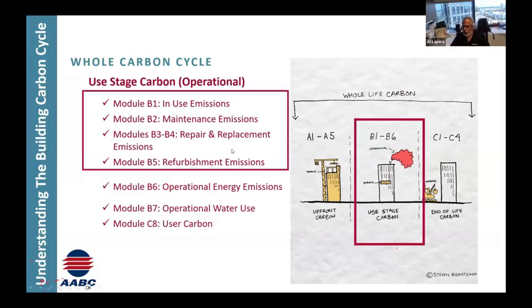Repair and replacement emissions. You replace the carpet, right? It's giving off all those emissions. They had to create it again. So you get an idea. I'm not going to lecture you on this. I'm just trying to tell you so you have a clear understanding of where we are. This is the one that I thought was operational carbon.